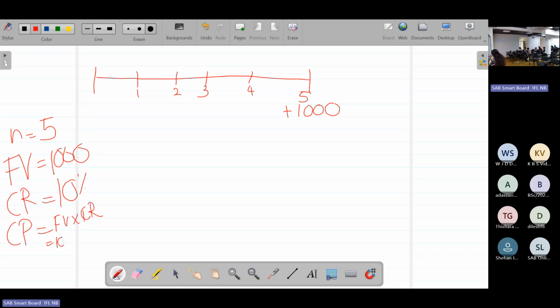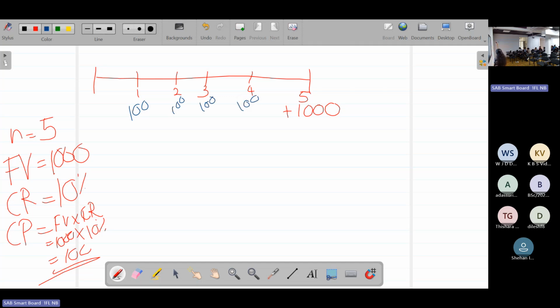It is 1000 multiplied by 10%, 100 rupees. You are getting 100 rupees the first year, second year, third, fourth, plus the last year as well. 100.